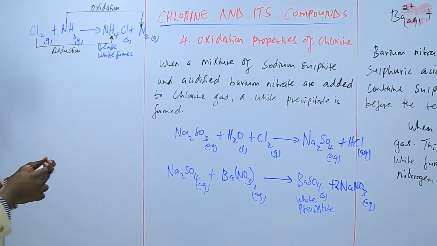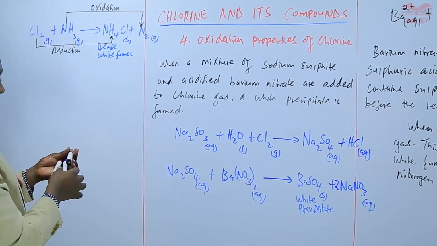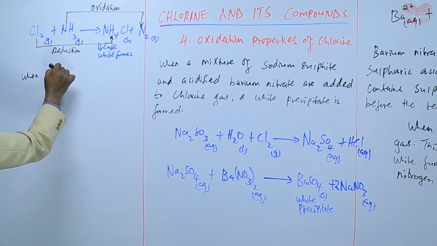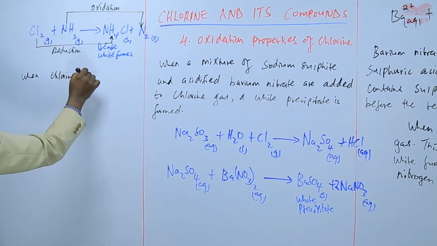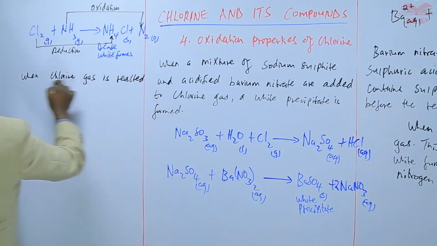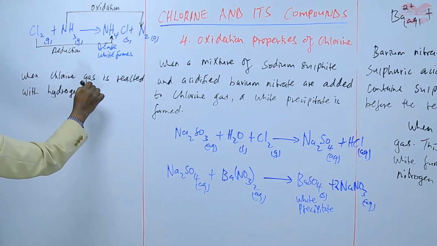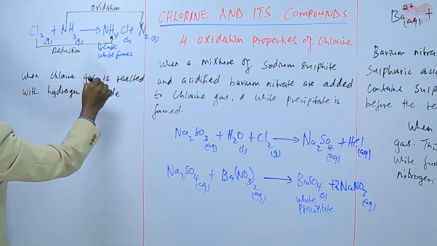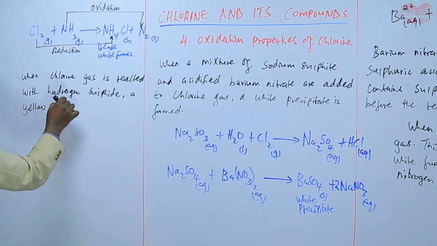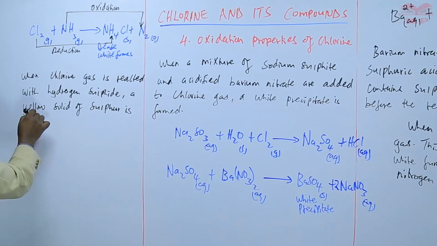Another example can also be seen when chlorine reacts with hydrogen sulfide. So you can say that when chlorine gas is reacted with hydrogen sulfide, a yellow solid of sulfur is deposited.